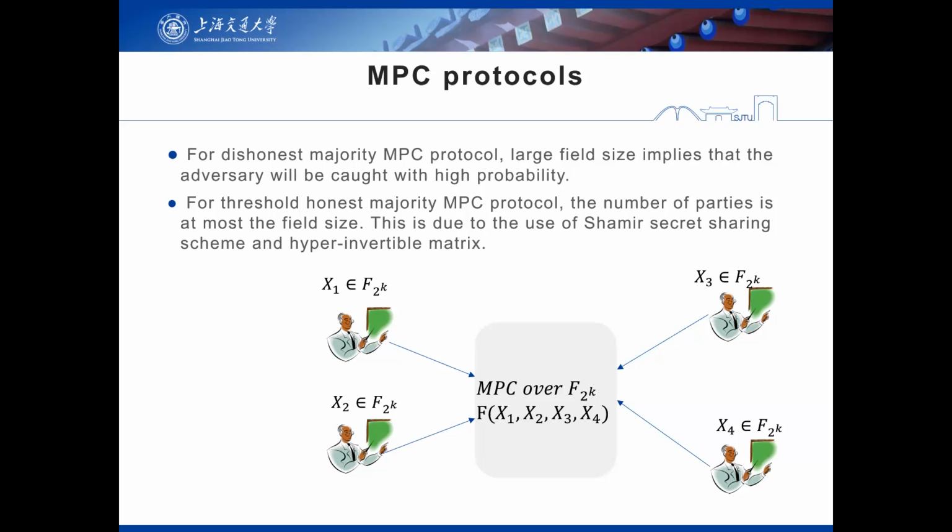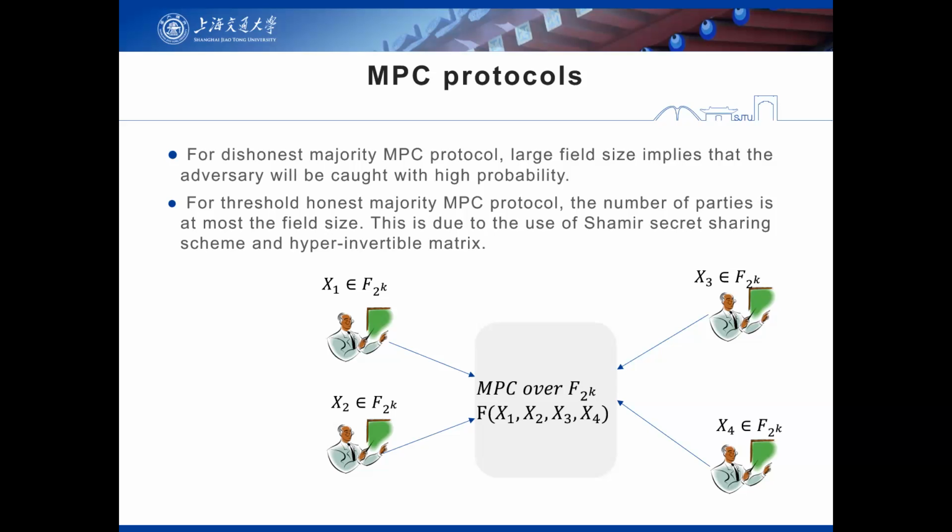The second reason is that for threshold honest majority MPC protocols, we usually use Shamir secret sharing for the secret distribution. This scheme has a constraint: the number of players is at most the field size.